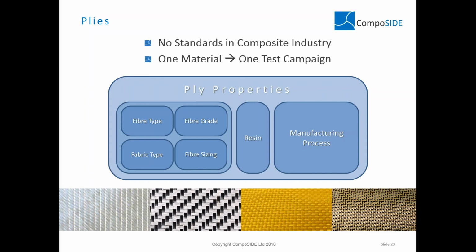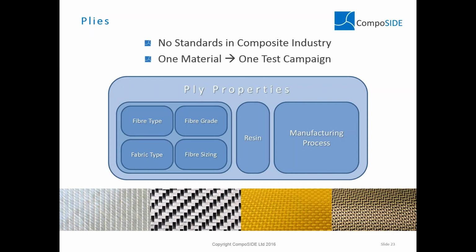The graph you can see below shows the main parameters that will affect a ply property. You've got the group at the fiber level with the fiber type and the fiber grade. For example, there are different types of glass and of carbons. The fabric type, is it woven, is it a stitched product, and also the fiber sizing, which makes the fiber compatible with the chemical agents of the resin, enabling the composite to be formed.